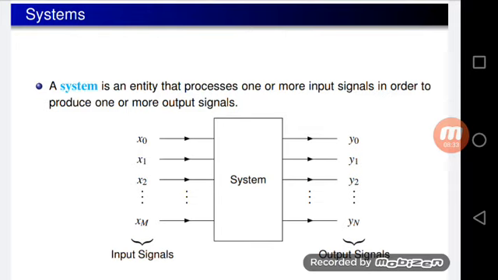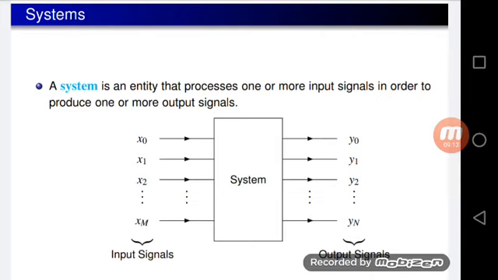A system is an entity that processes one or more input signals in order to produce one or more output signals. Very easy. For example, in the system we apply inputs x0, x1, x2 up to xm on the input side, and on the output side we get y0, y1, y2 up to yn.